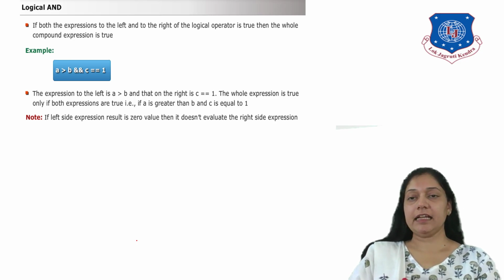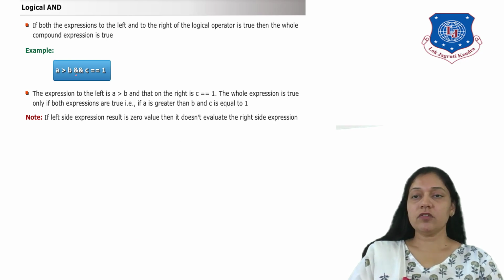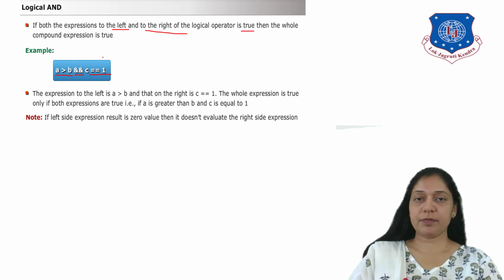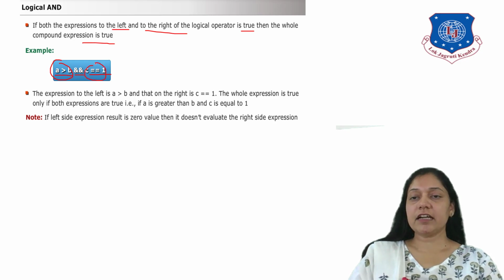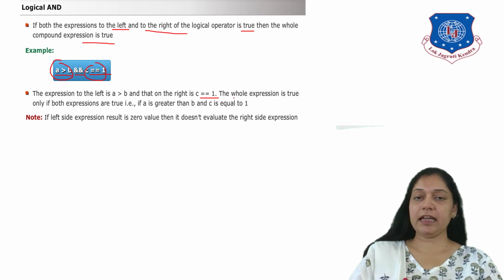Okay. Next is the logical AND operation. As I said, logical AND and logical OR are used for checking multiple conditions in your program. This is my logical AND, this is one condition on the left and this is one condition on the right. If both the left and the right expressions are true, then the output of this would be true. If any of these conditions is false, then the output is false. So the expression to the left is a greater than b and that to the right is c equal to d.